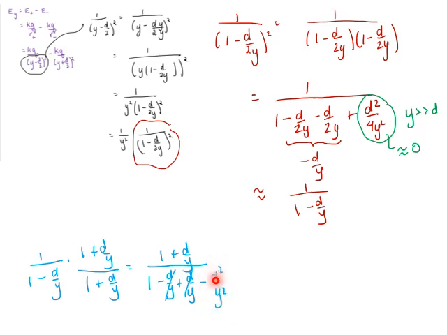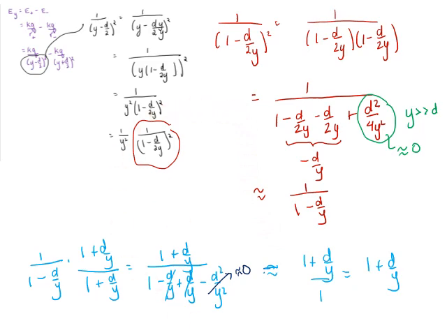This whole term is pretty close to 0 when you compare it to 1. So this expression, this little bit right here, is about equal to 0. So that means our whole term now is about equal to 1 plus d over y divided by 1, which is equal to 1 plus d over y. Okay, now we're going to put all this back together.